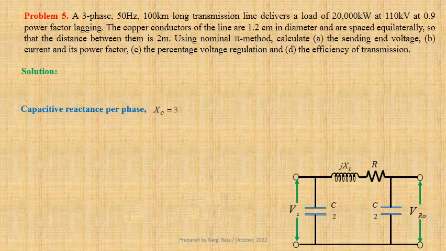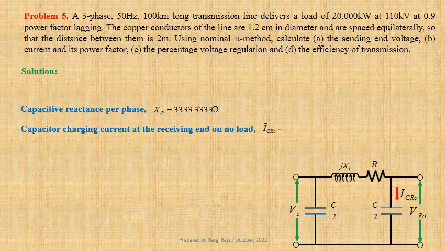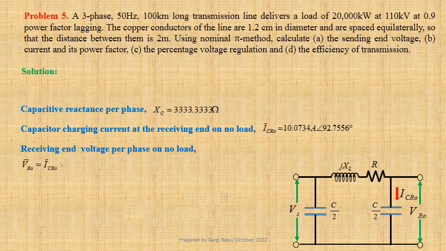We have obtained capacitive reactance per phase, Xc equals 3333.3333 ohm, and capacitor charging current at the receiving end on no load, ICRO equals 10.0734 ampere at an angle 92.7556 degree. Now we shall calculate receiving end voltage per phase on no load. VRO equals ICRO into minus of 2 times jXC.